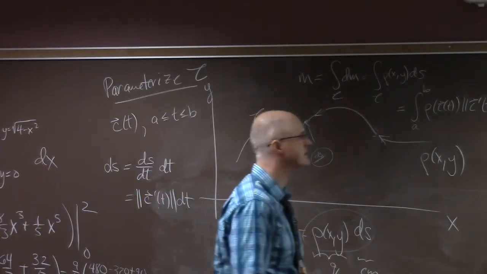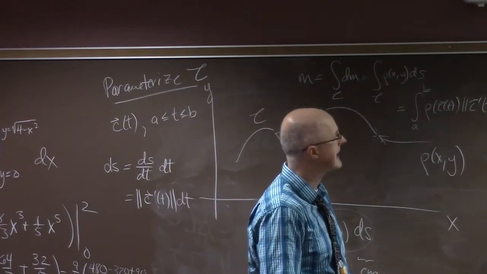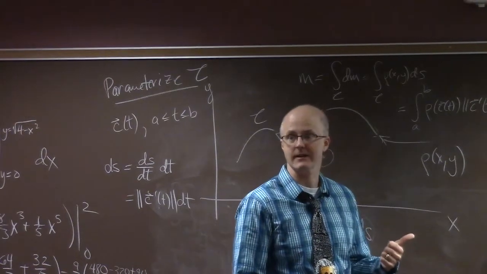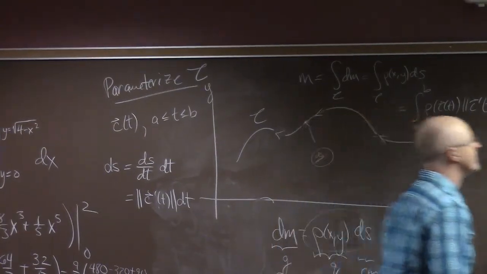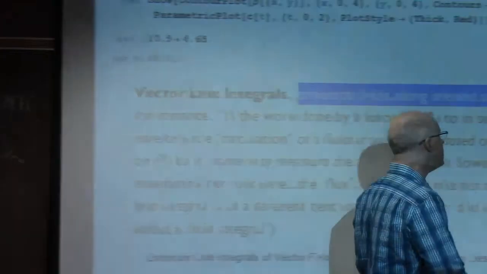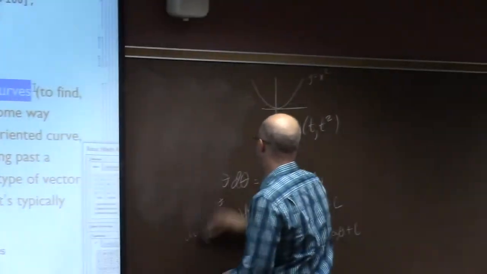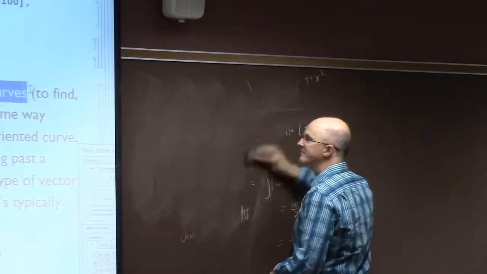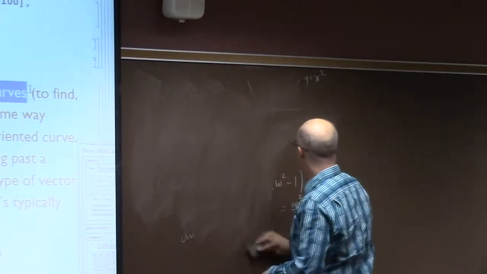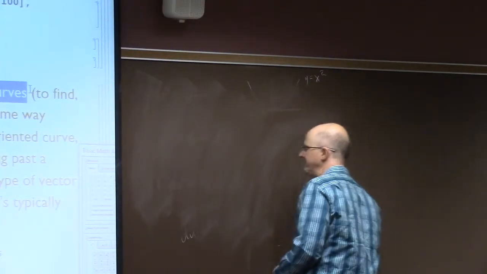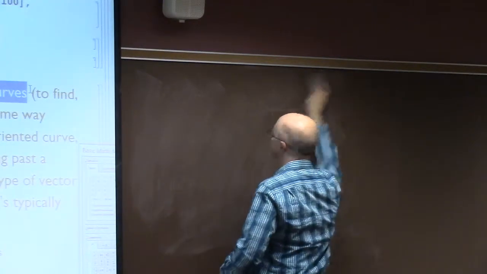Calculating vector line integrals actually ends up being easier than calculating scalar line integrals. However, understanding the meaning of vector line integrals is harder. Three applications are hinted at here. The first application being to find the work done by a force.